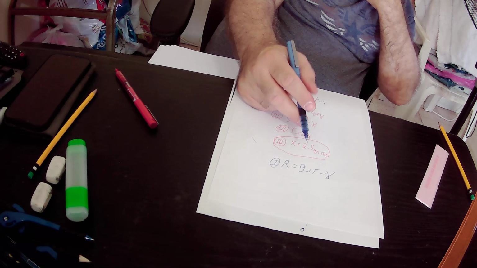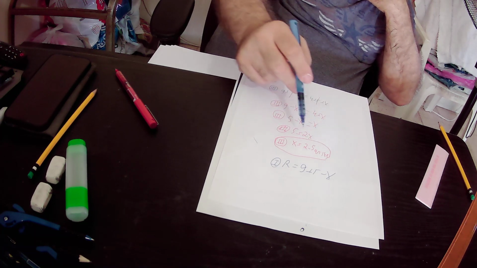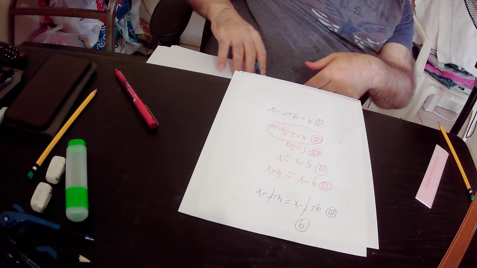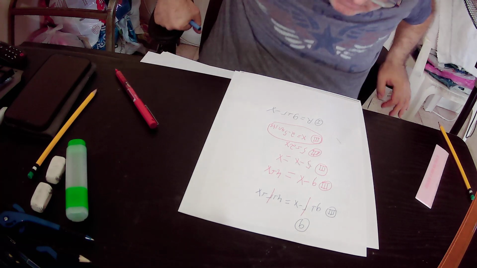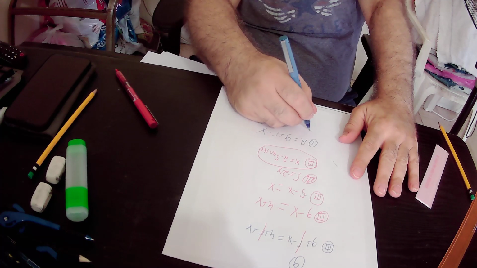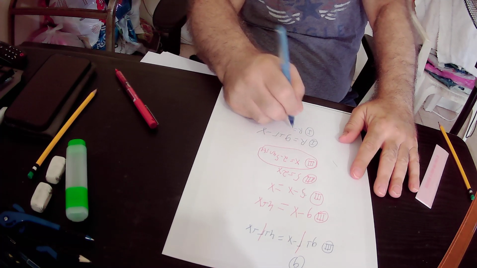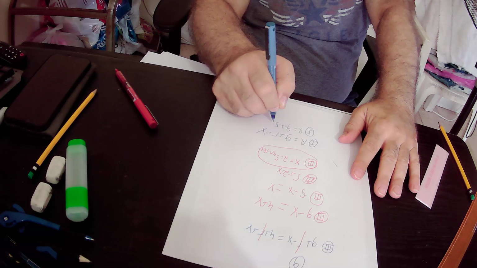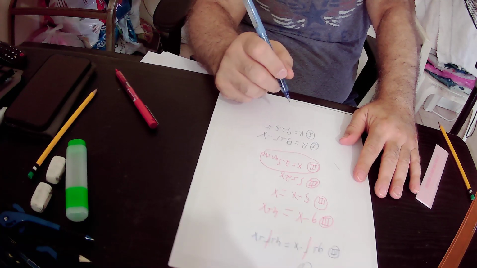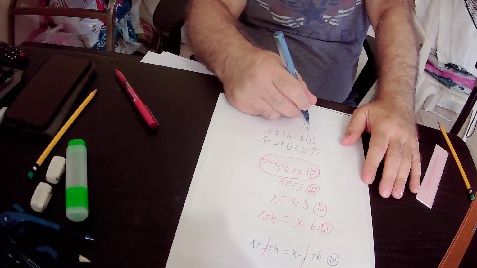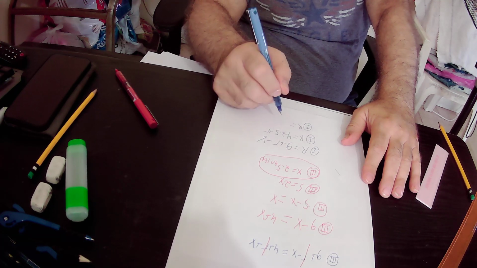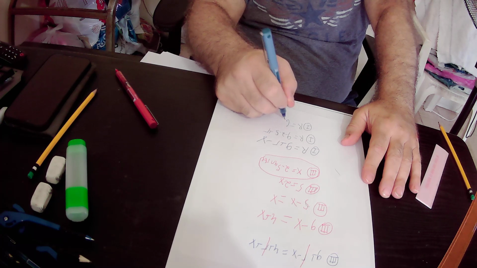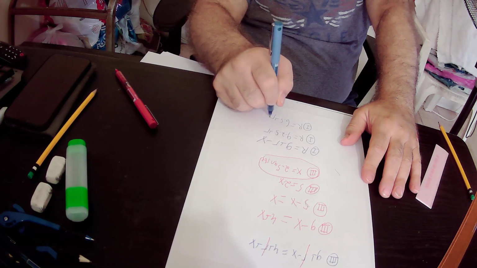But we know that x equals 2.5 units, so we can substitute x by 2.5 units, and we will get that capital R equals 9 minus 2.5 units plus small r, or capital R equals 9 minus 2.5, which is 6.5, plus small r.